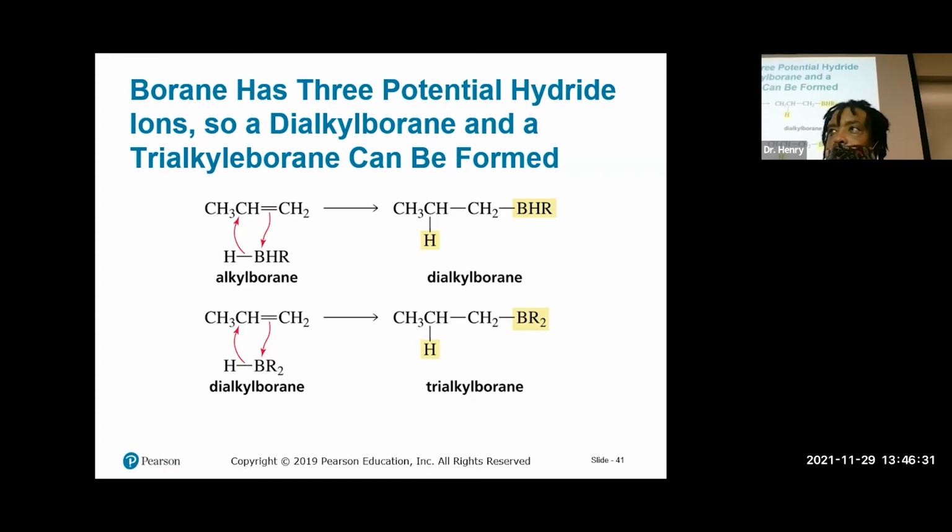Are you with me? Okay, because of stability purposes: remember, this is a center carbon and you have the 3 hydrogens around it. If you had the borane here, it has its own hydrogens that would be interfering, and you want to try to minimize that interference. That's steric hindrance.